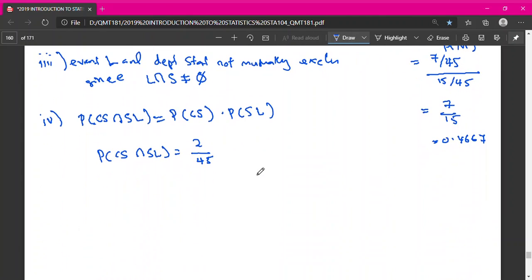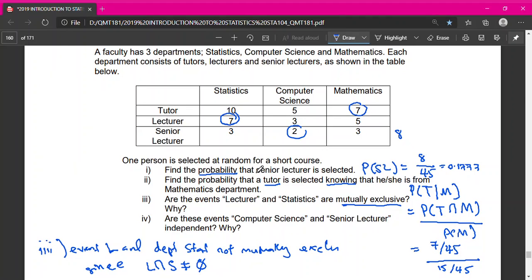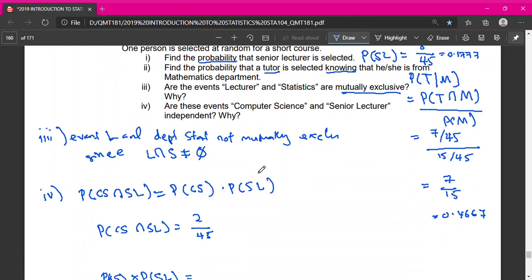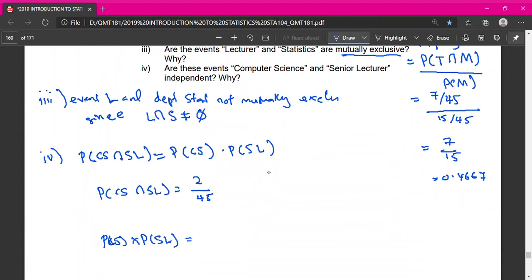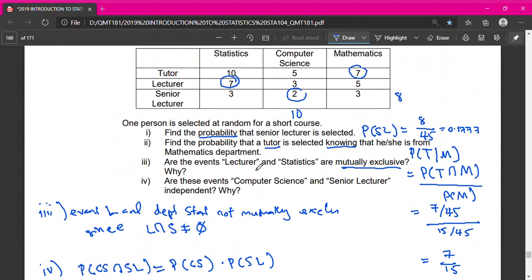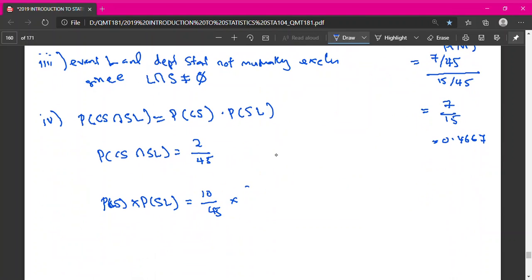Okay, and then kena check, kena multiplykan probability of computer science department darab dengan senior lecturer event. Computer science altogether ada berapa kat sini 10. So the probability will be 10/45 darab dengan probability of senior lecturers. Altogether senior lecturer ada 8/45.